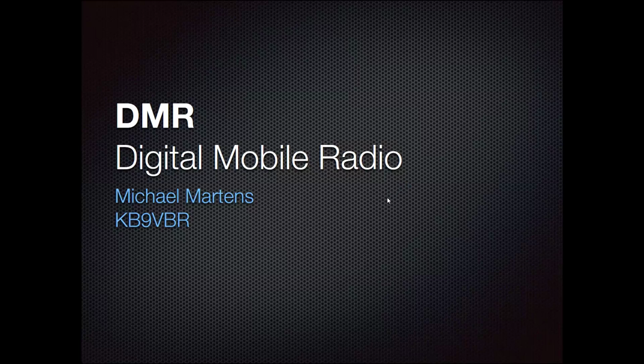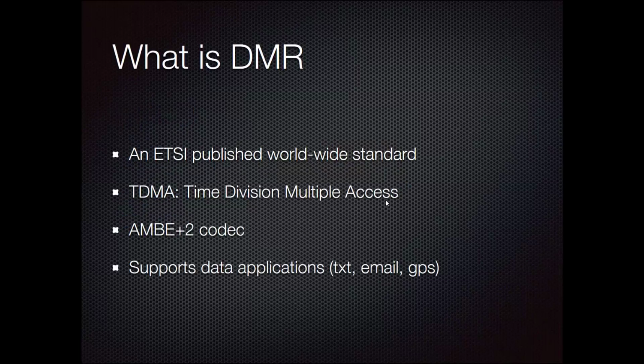So, let's see. Basically, the advantage to DMR is you can put 2 time slots in a 12.5 kilohertz spectrum using an audio compression scheme. It's an AMBE+2 codec. That's what compresses the audio and sends it in a data stream to the repeater.